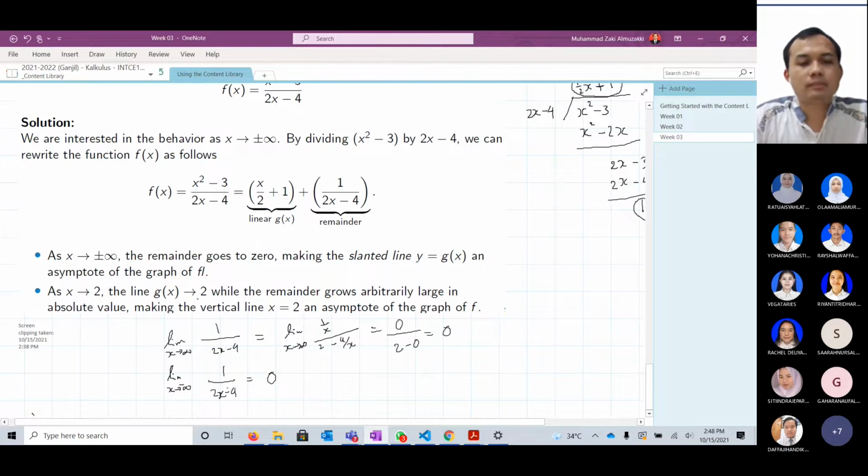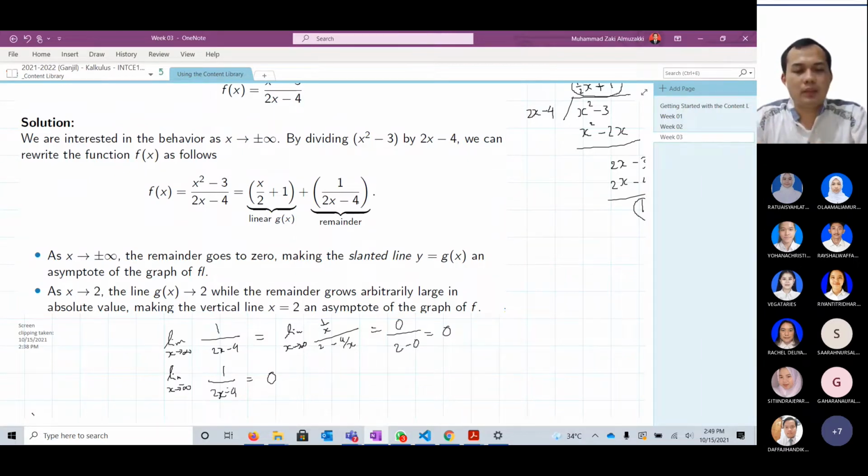Nah, tapi sisanya kalau dari kanan akan menuju positif tak hingga, dari kiri akan menuju negatif tak hingga, karena pembaginya akan menuju 0 di sini. Untuk sisanya, 1 dibagi 2 kali 2 kan 4, min 4 adalah 0.